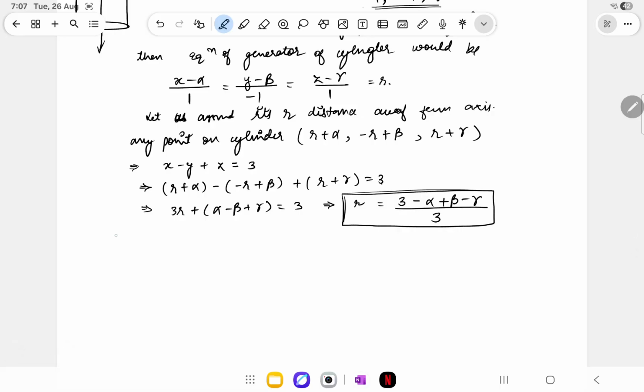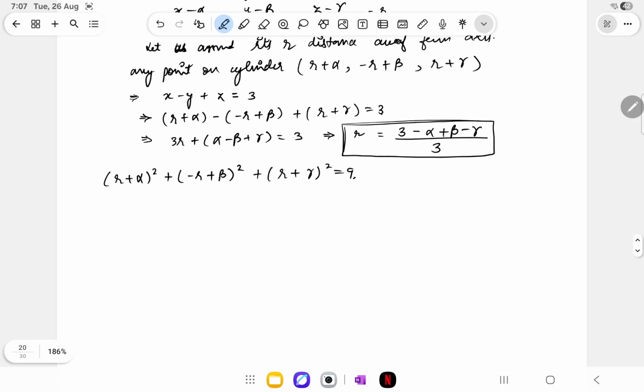Now it must satisfy the equation of the sphere as well. Using that I get r plus alpha whole square plus minus r plus beta whole square plus r plus gamma whole square is equal to 9. Simplifying the left hand side, I get 3r square plus alpha square plus beta square plus gamma square plus 2r alpha minus 2r beta plus 2r gamma is equal to 9.